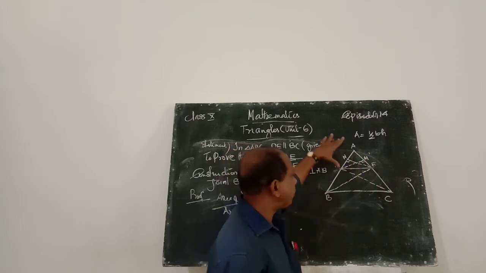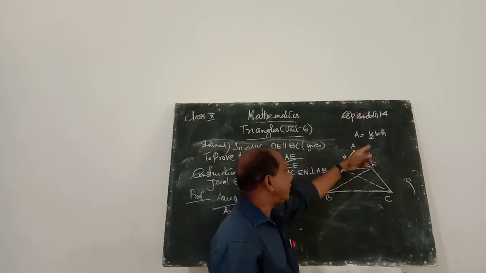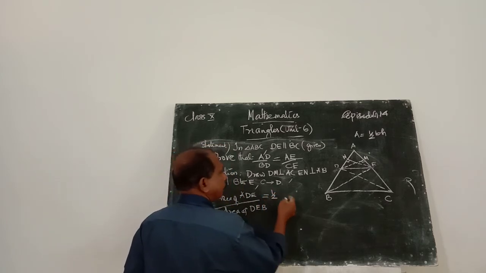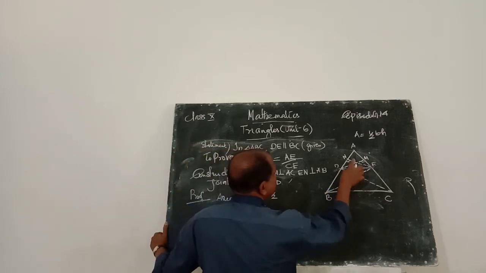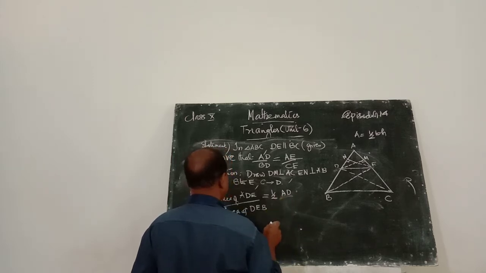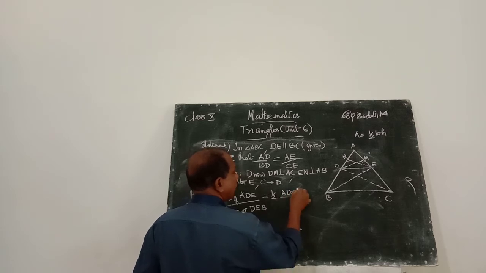That B is replaced by AD and H is replaced by EN, so it is half into AD into EN.